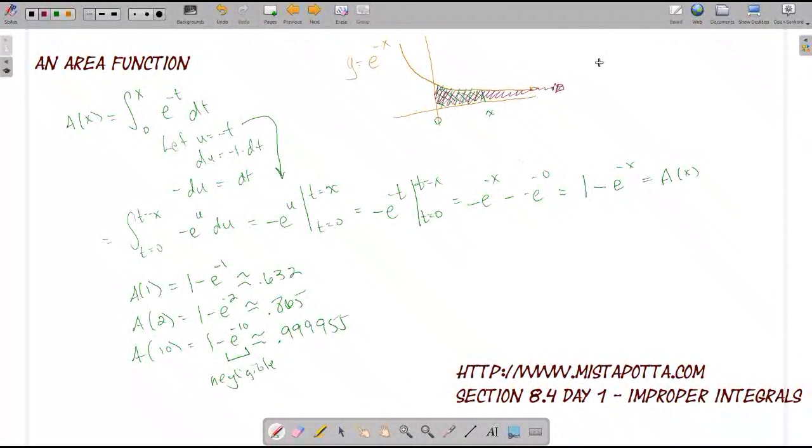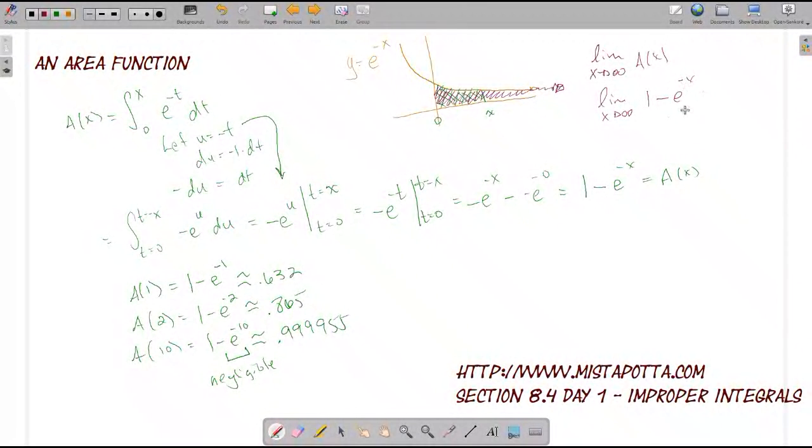In other words, could I really look at the limit as x approaches infinity of this area function? Because it really should be the limit as x increases without bound of 1 minus e to the negative x.